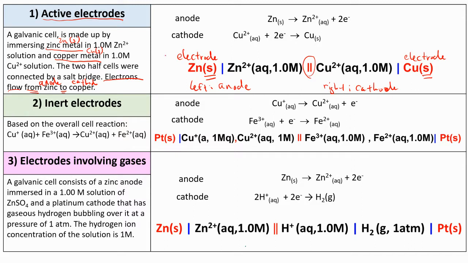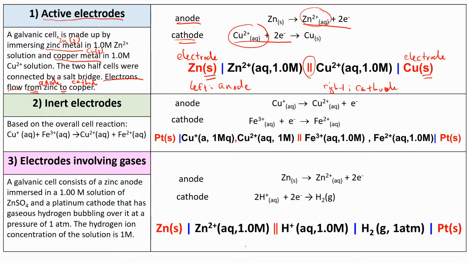Now we already know that zinc metal is the anode, so we put zinc first. And then we also know that copper will be the cathode, so we put copper. Then, in between, the ions: if you want to find out the ions, you need to write the half cell reaction so that you know what ions are present.